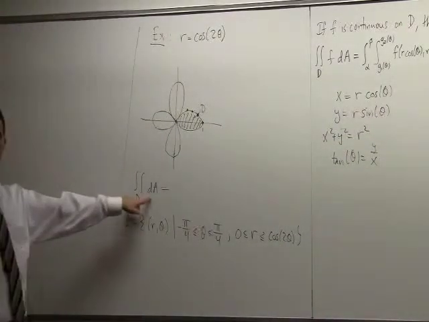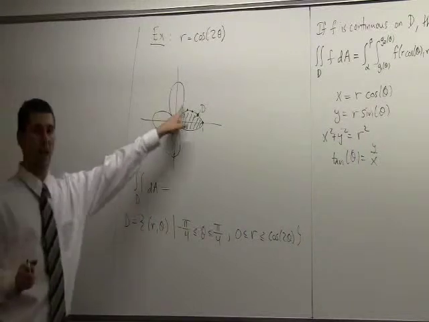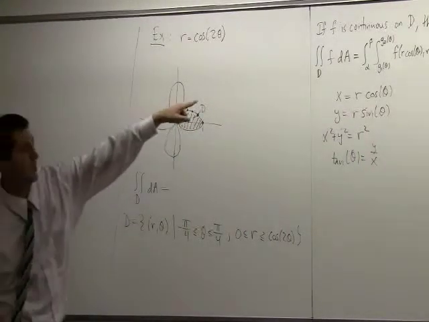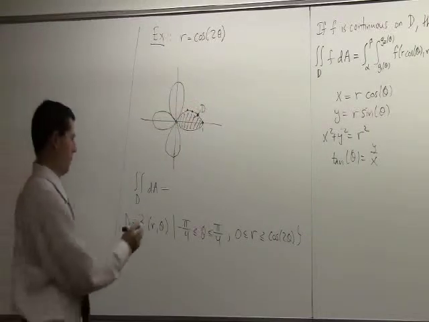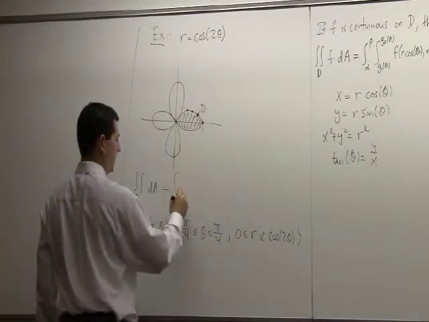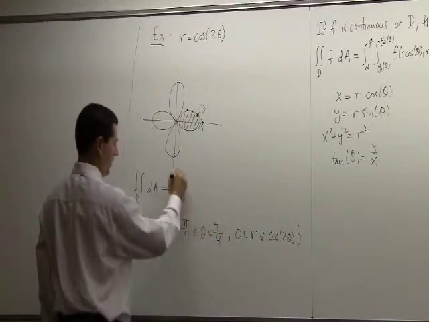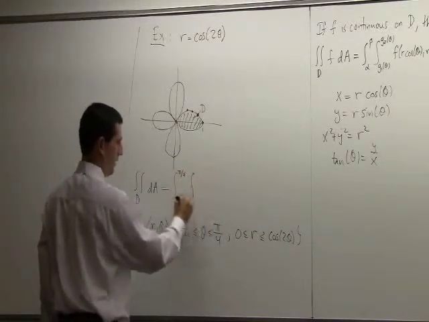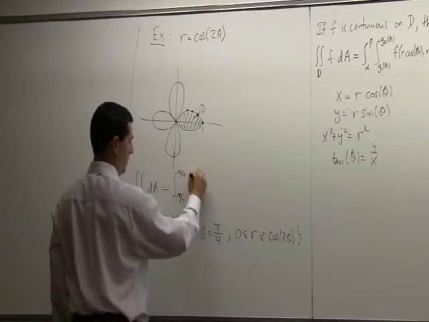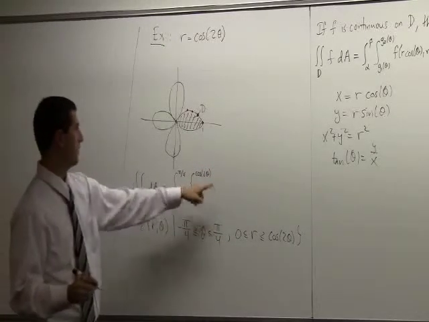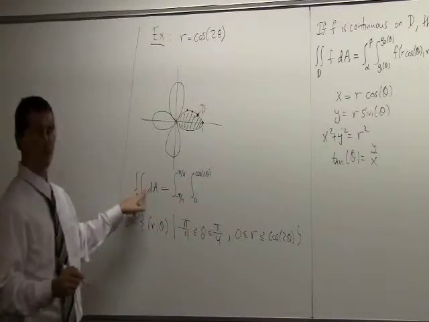So to compute this double integral, which will give us the area of this clover, we simply need to apply the formula. We're going to do an iterated integral from minus pi over 4 to pi over 4, and then an integral from 0 to cosine of 2 theta. And then we integrate the function, but it's just a constant function, 1.